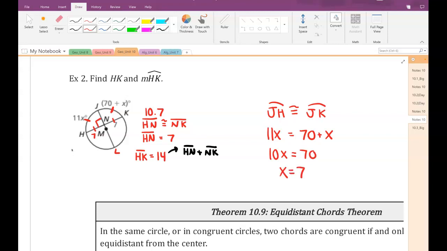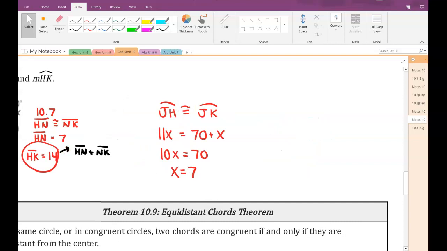Again, x equals 7 is not one of our answers because we're trying to find the length of HK, which we already did, 14. So you can go back and circle that. And then our second question was to find the measure of arc HK.